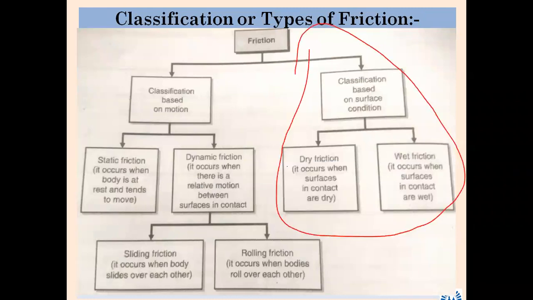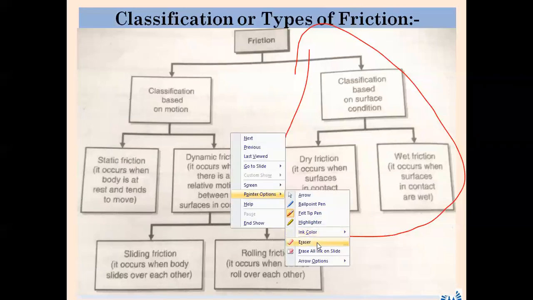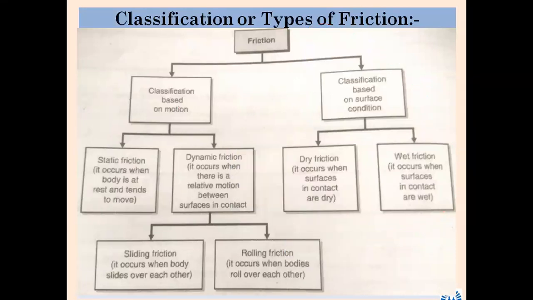Right now we are not going to deal with this classification, but the classification on the left-hand side we will see: classification based on motion, static friction and dynamic friction. Static means the body is at rest or about to move, but dynamic friction occurs when there is relative motion between the bodies. We have discussed this word a lot. What is meant by relative motion?